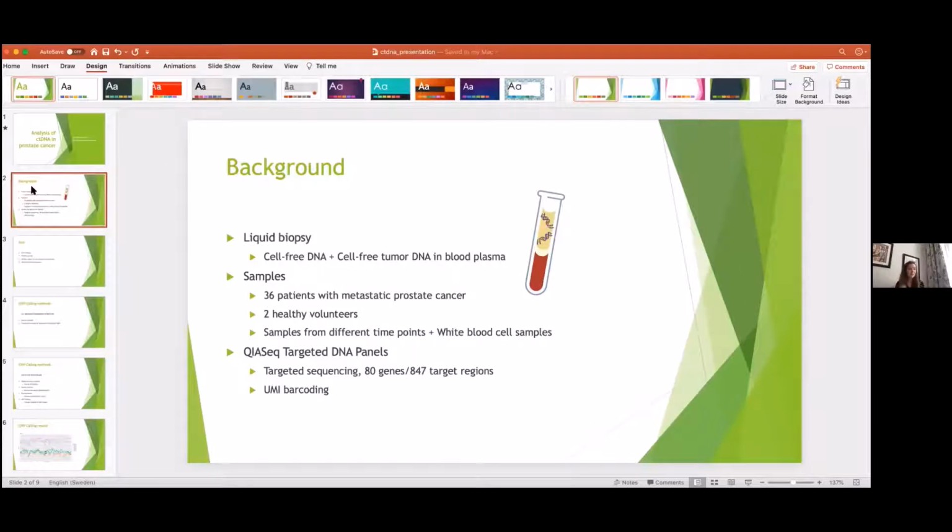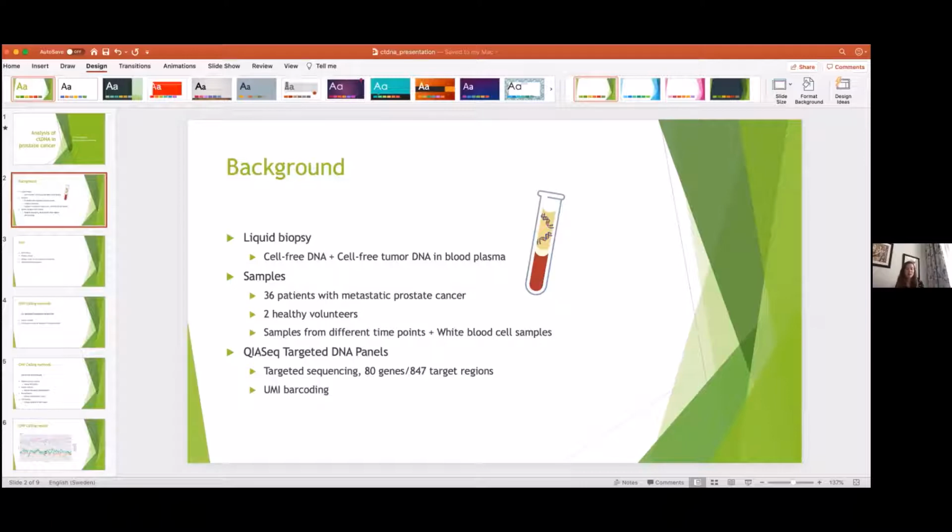It requires very deep sequencing techniques. And the samples that she had in her research project were blood samples from 36 patients with metastatic prostate cancer and 2 healthy volunteers. So cell-free DNA had been extracted and sequenced at different time points.